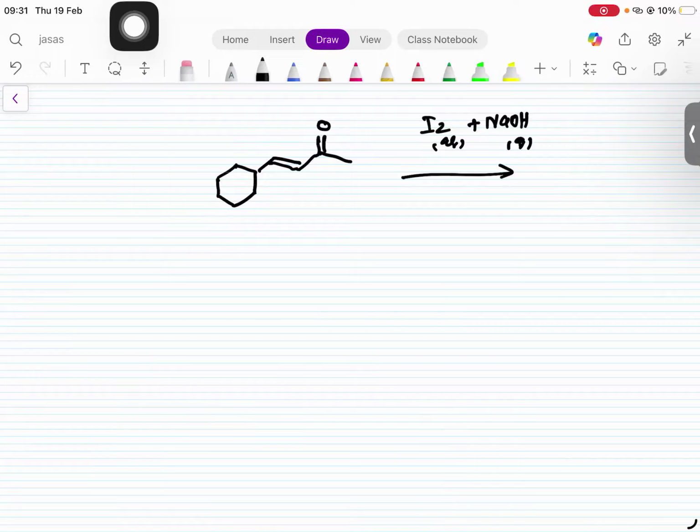Will it give the iodoform test? Will it, yes or no?